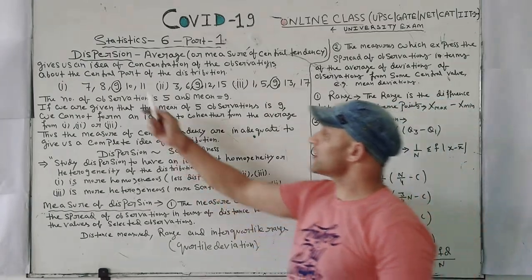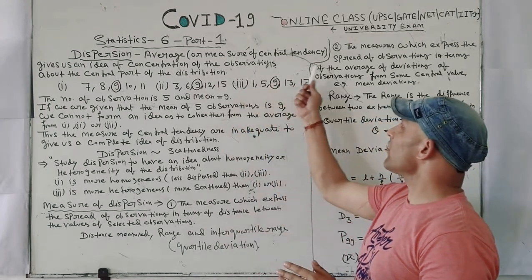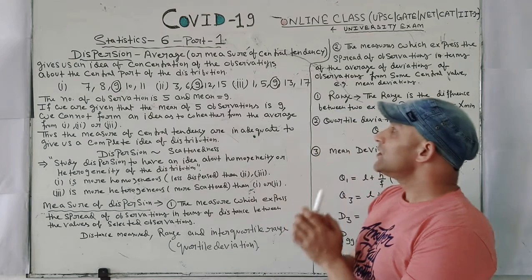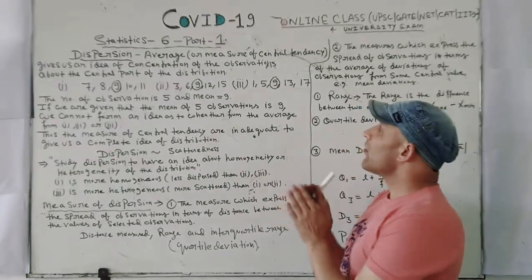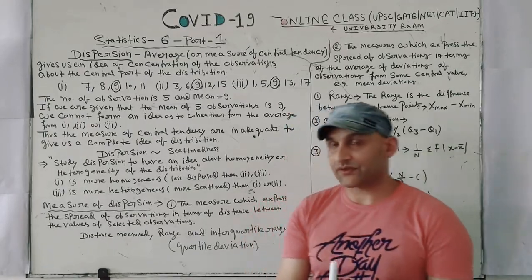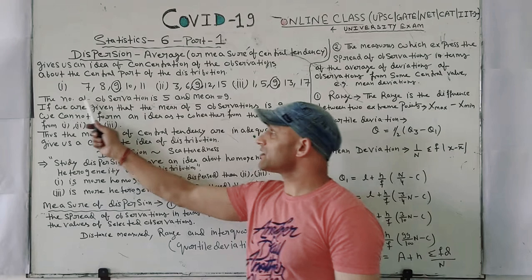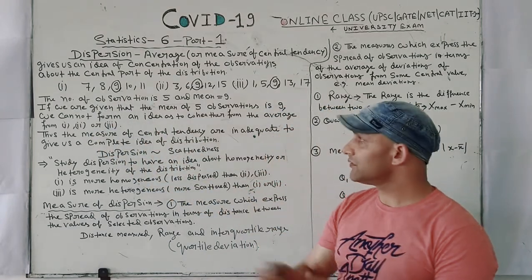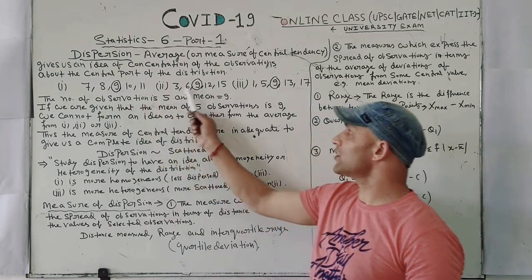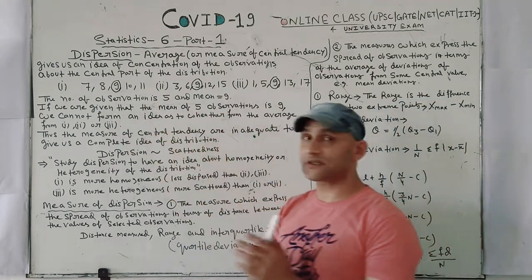Okay, so what dispersion is saying: averages, or measures of central tendency, give us an idea of the concentration of the observations about the central part of the distribution. In the first series the number of observations is 5, here also 5, and here also 5.